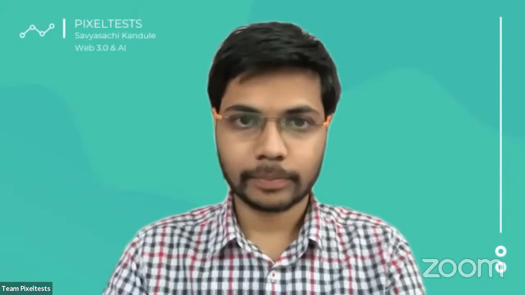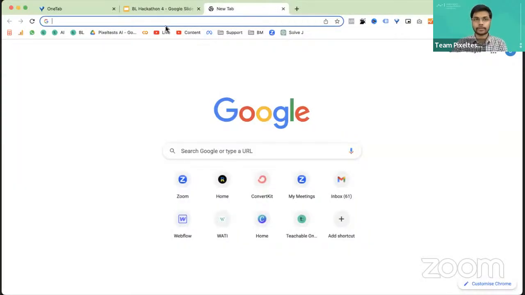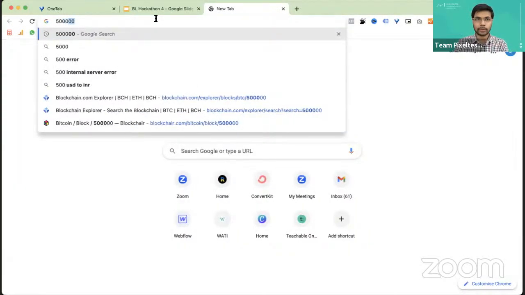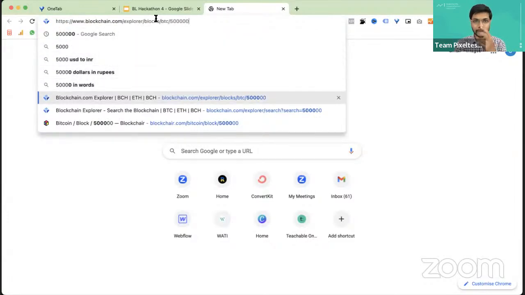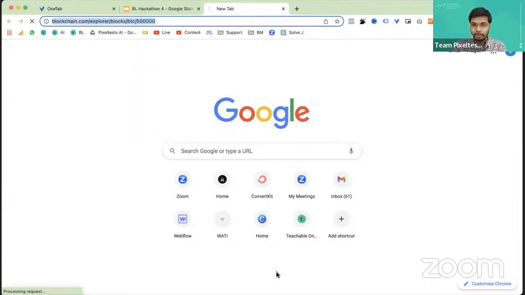First, let's go forward and see block 5 lakh once again. Now block 5 lakh we have. I'm going to share the link of the same here on chat.